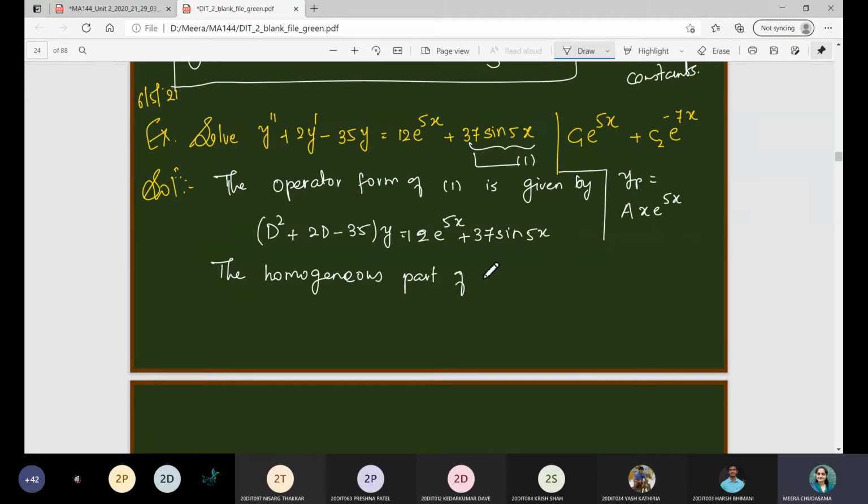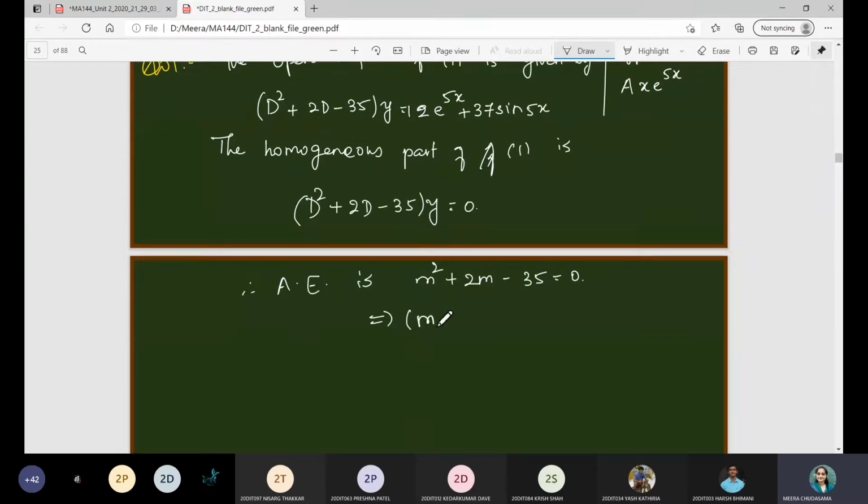Okay, the homogeneous part of 1 is d square plus 2d minus 35 y is equal to 0. Therefore, the auxiliary equation is m square plus 2m minus 35 is equal to 0. So, two factors of it will be plus 7 and minus 5.